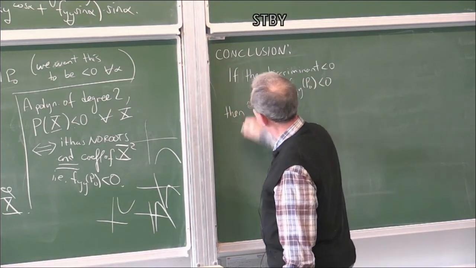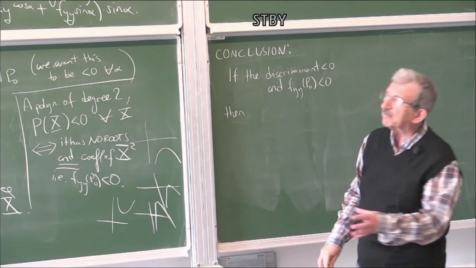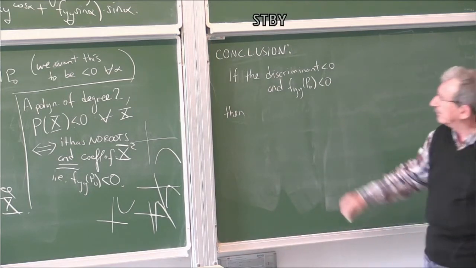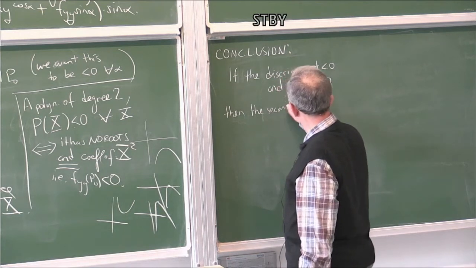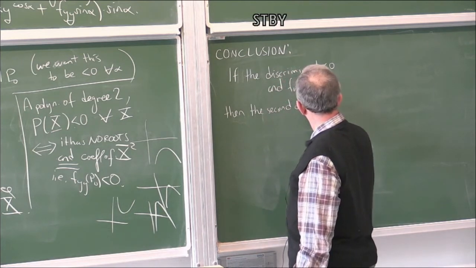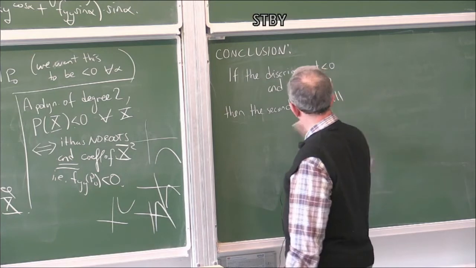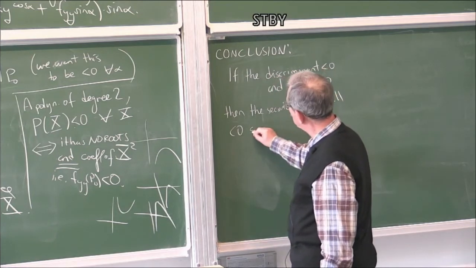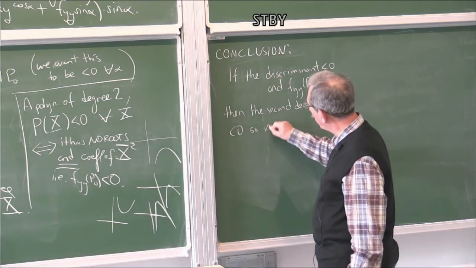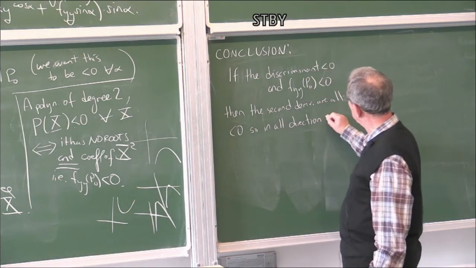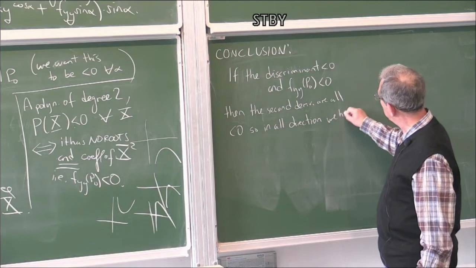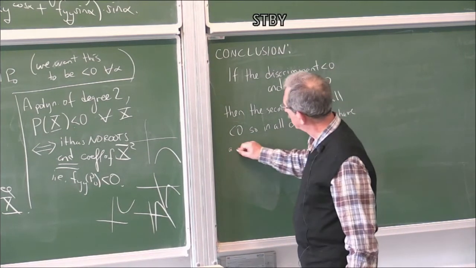Then, okay, the second derivatives are all negative. So, in all directions, okay, we have a local maximum.